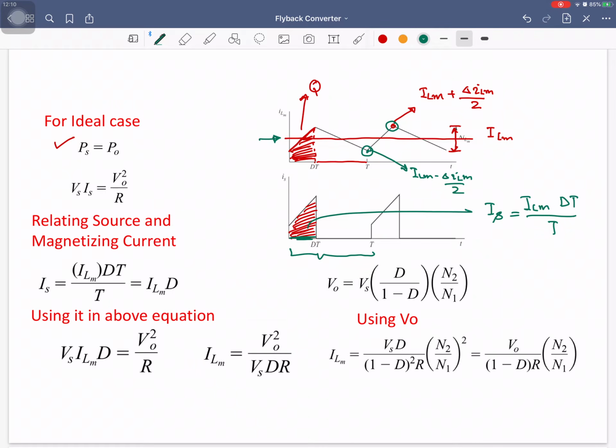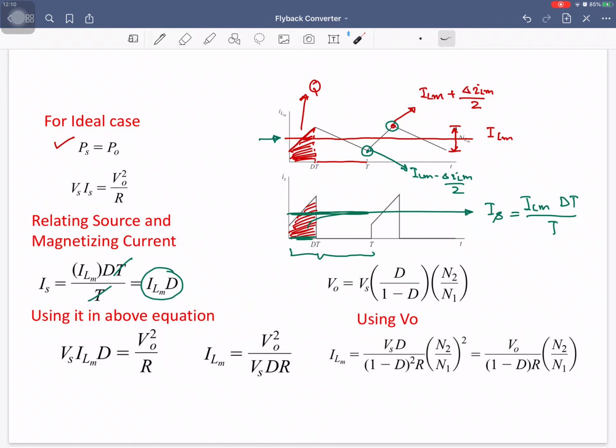Basically it is conducting for the interval dT. So supply current will be equal to ILM into dT divided by T. So T and T will cancel out, so our supply current will be simply ILM into D. This one is the average current through the magnetization branch into the duty cycle.